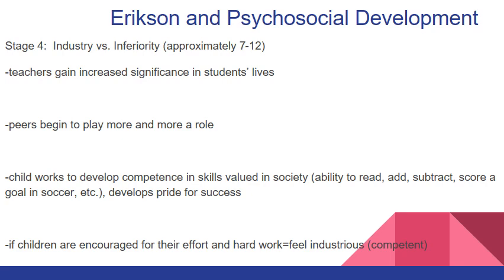So if the child sees that adults emphasize success in reading or success in being able to add or subtract or memorize the multiplication tables, or even success in sports, for example, the child will make sure that they are developing those competencies. And if they do develop those competencies and are successful, they'll have increased pride for their success.